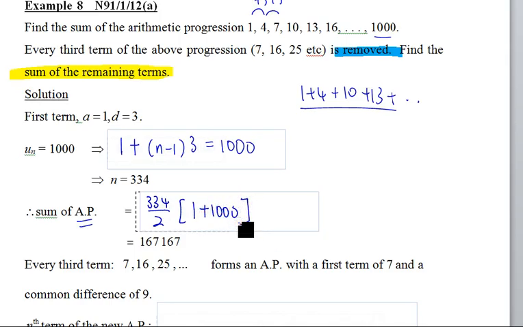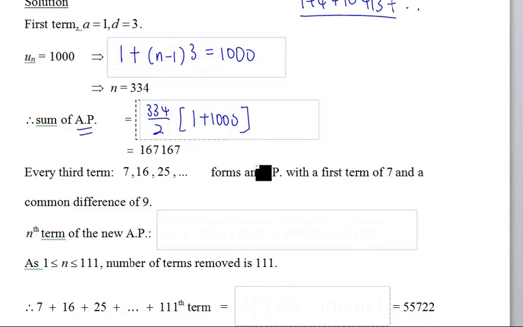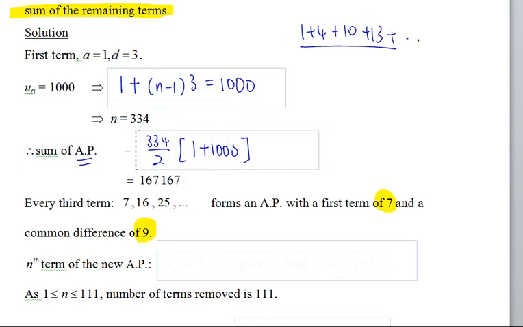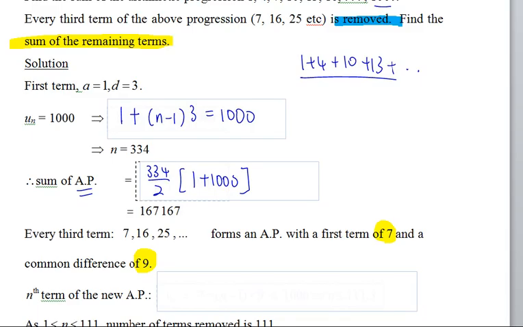Now every third term follows another AP with first term 7, common difference 9. But then what is the last term? How many terms are there? Actually, you are also not very sure. Where do you stop? Because we removed the terms.